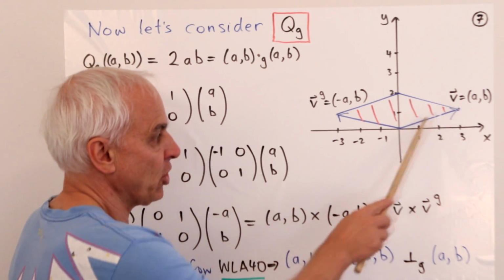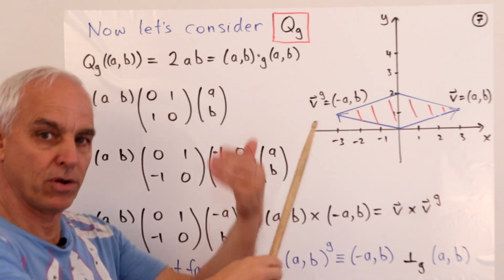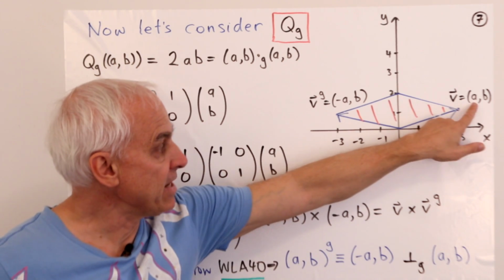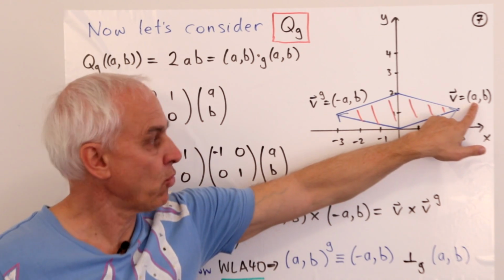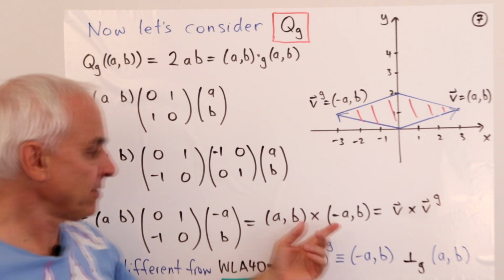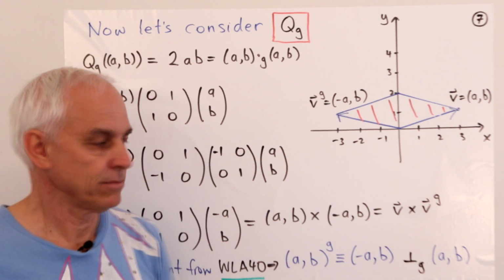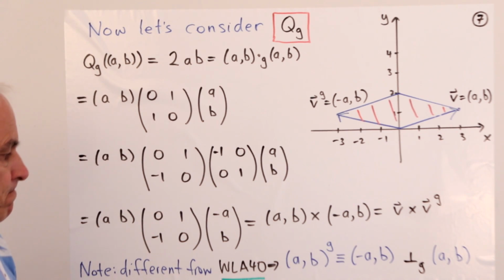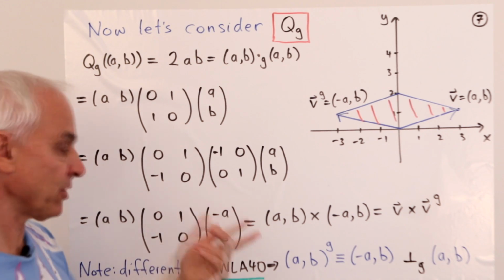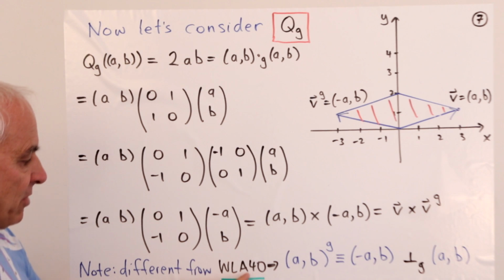That's the reflection of this vector here in the vertical axis, the y-axis. We're just negating the x-coordinate. A goes to minus A. So if this is V, we could call this V super G. Okay, I have to remark that this particular choice is a little bit different from the choice in Wild Linear Algebra 40.